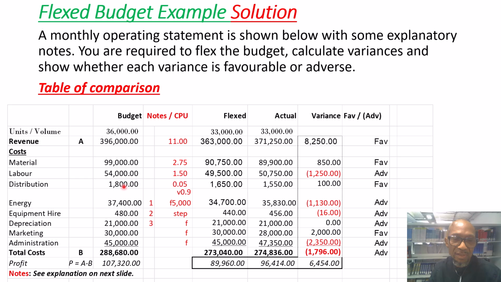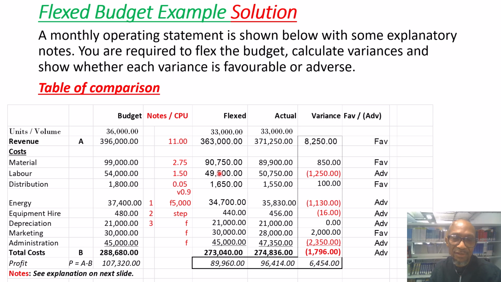The labor costs, which is 54,000, is divided by 36,000 again to give us £1.50 per unit. That's how we derive the variable cost per unit. Once this is arrived at, we now have to flex to the 33,000 units. So the revenue will be £11 times 33,000. That's how we got the 363,000.